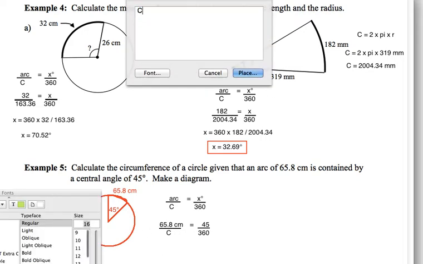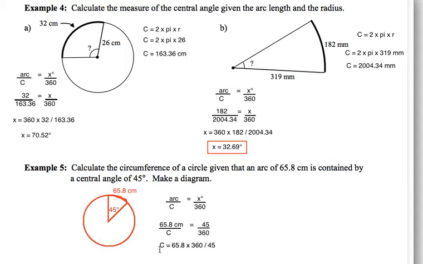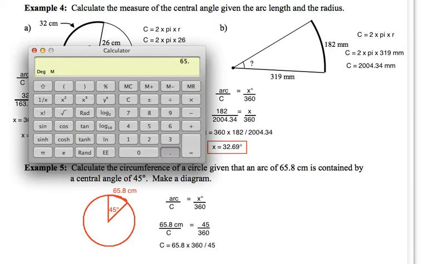So circumference will be equal to 65.8 times 360 divided by 45. Let's do that calculation real quick. 65.8 times 360 divided by 45 gives us 526.4.